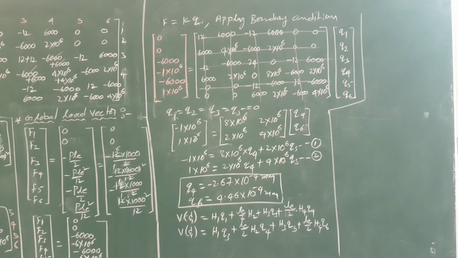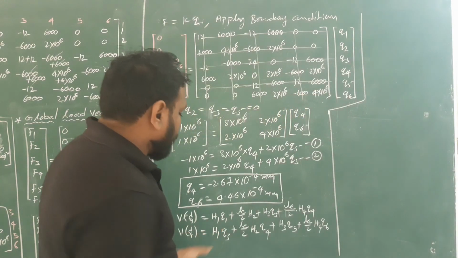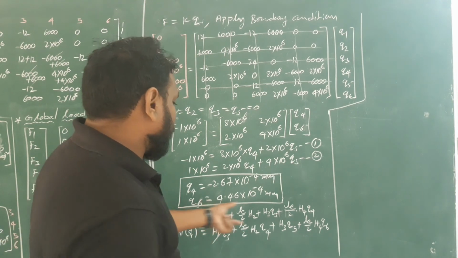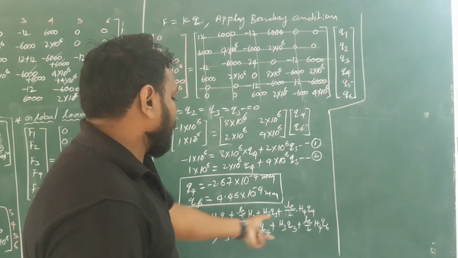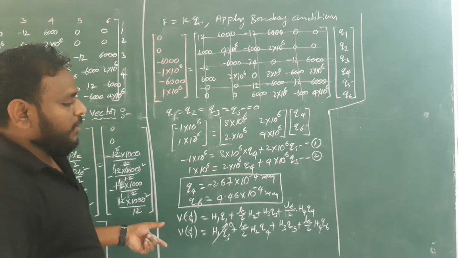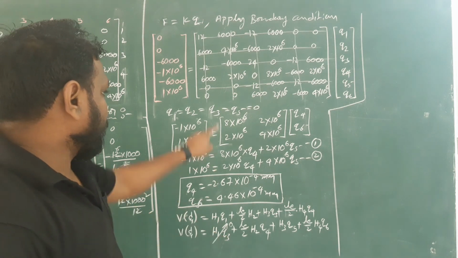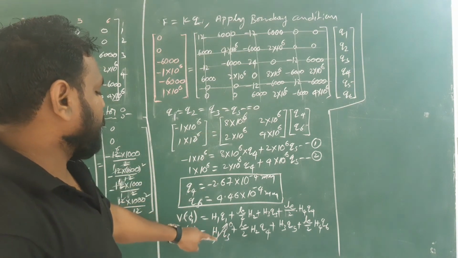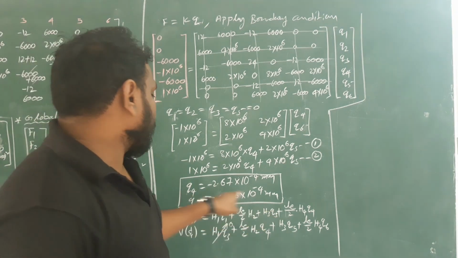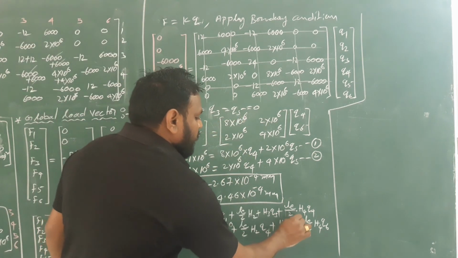Here Q3 is 0, so this entire term is 0, and we don't want the first equation. We want to calculate only the second element, because there is a load there. Q3 is 0, so that term is 0, and Q5 is also 0, so that is also 0.